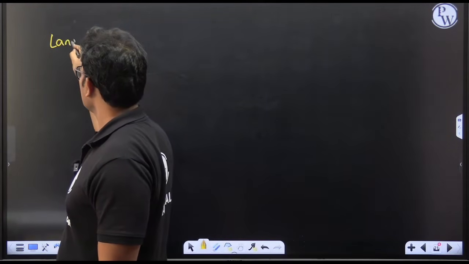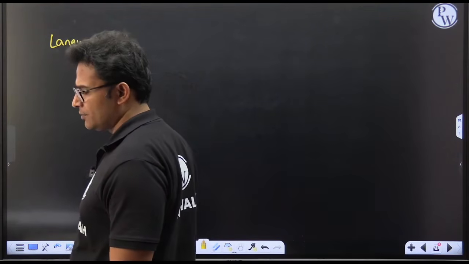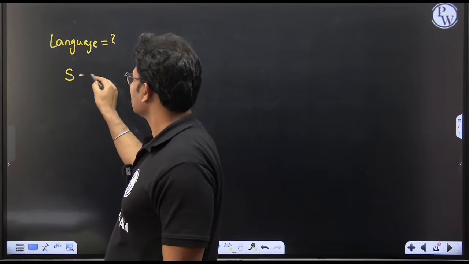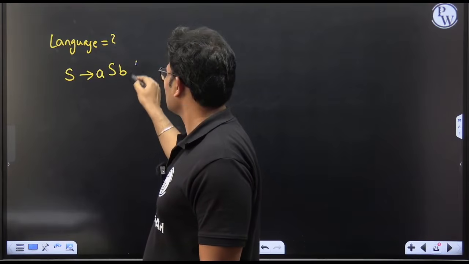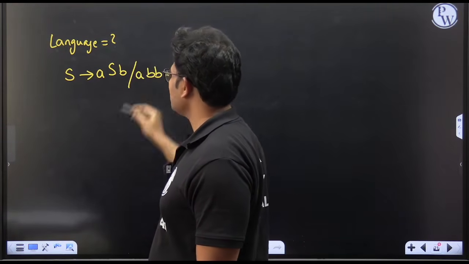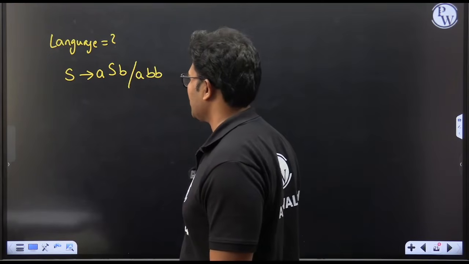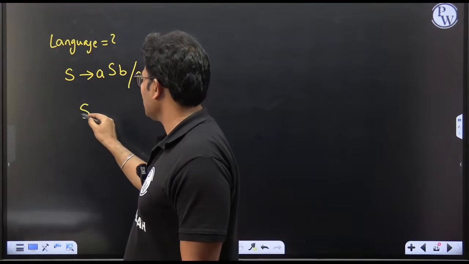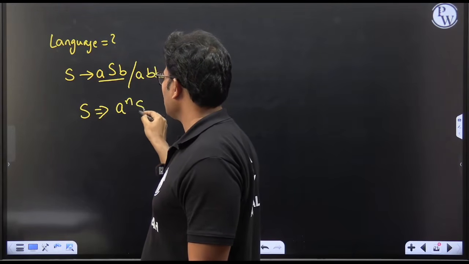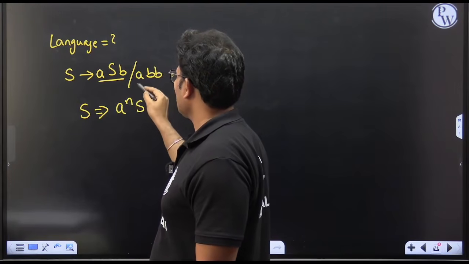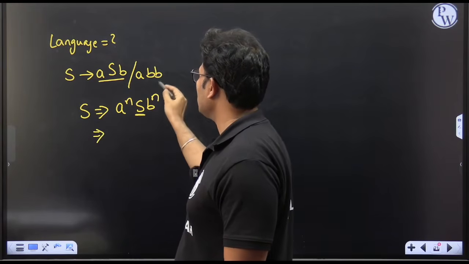If I ask you what is the language generated by this grammar, S derives aSb or abb. Okay, so we know that S will derive, by using this production, a power n, S, b power n. Now S will derive abb.